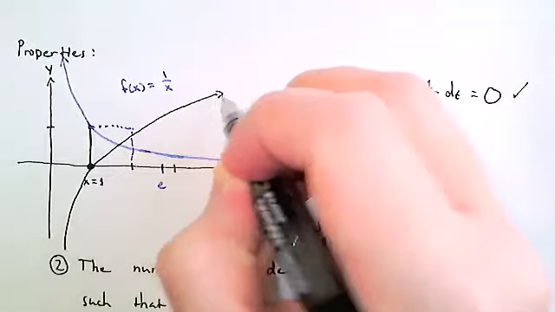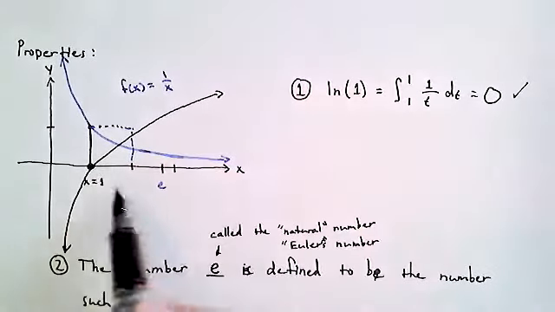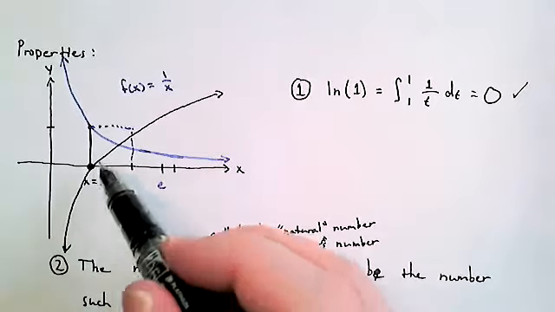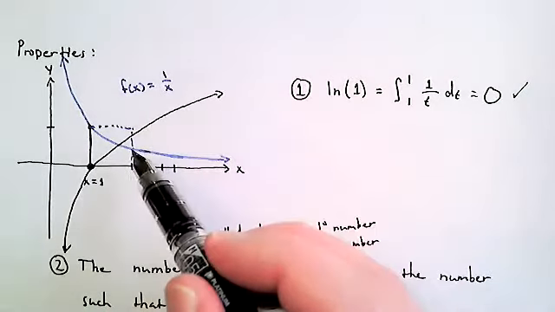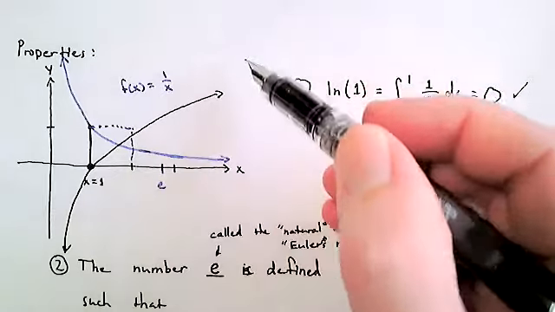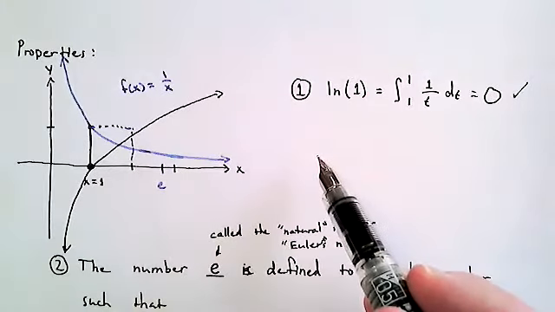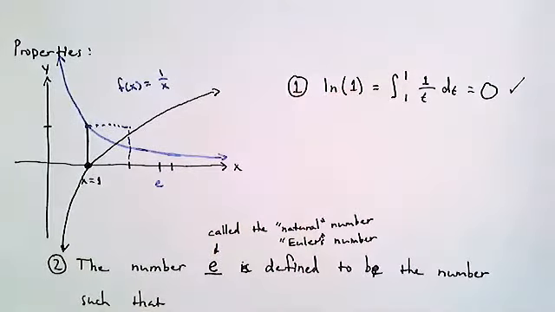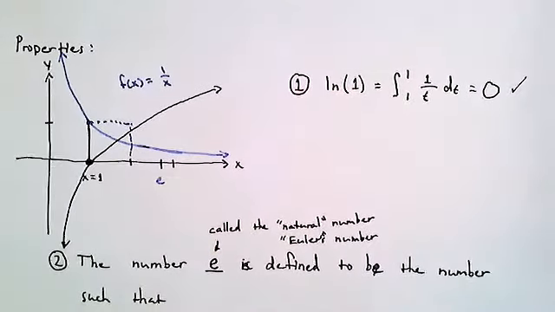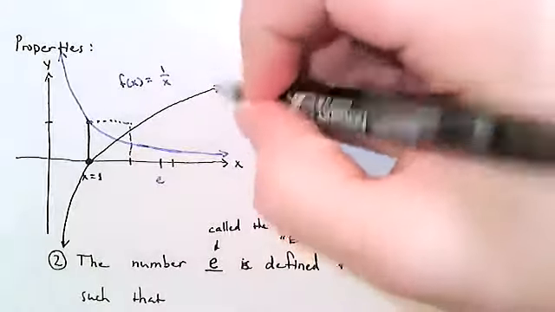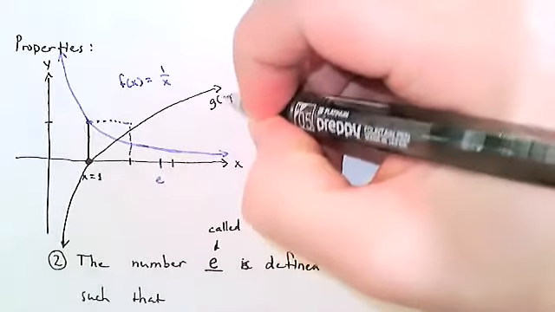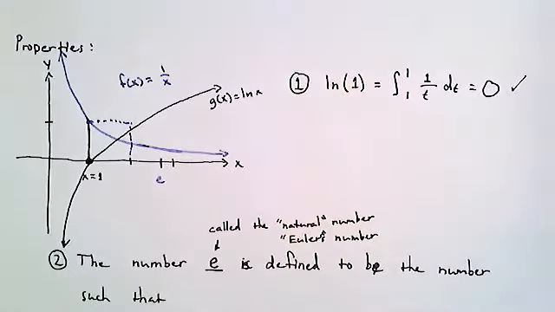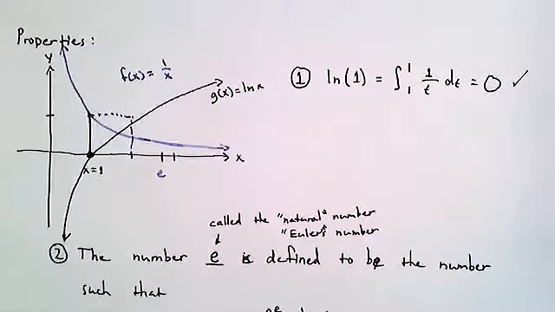So we know it's increasing, and we know that when we move further to the right, we're adding smaller bits of area, so it's going to stop increasing quite as fast the further you go over to the right, because this bit is smaller than this bit, basically. Okay, so a very rough sketch of what this looks like.